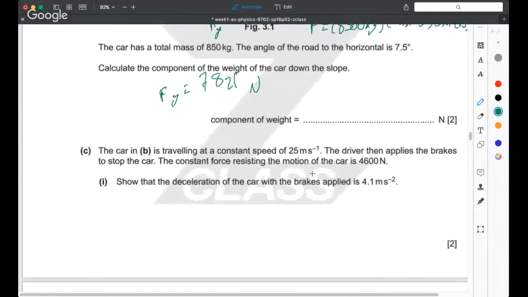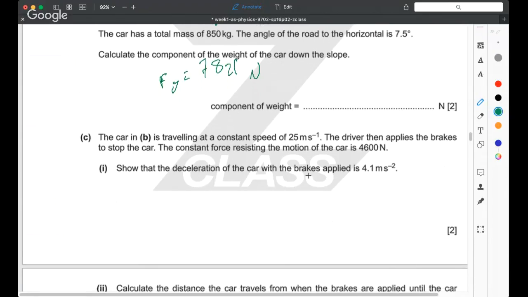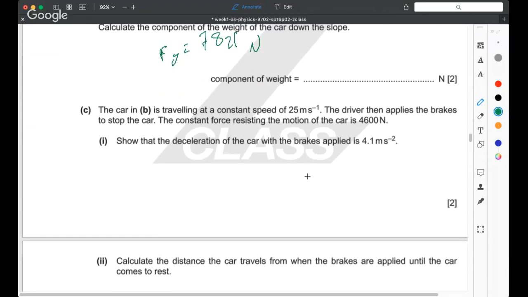The car is traveling at a constant speed of 25, and the resisting force is 4,600, so the deceleration would be 4,600 minus the component of weight from the answer of the last question.